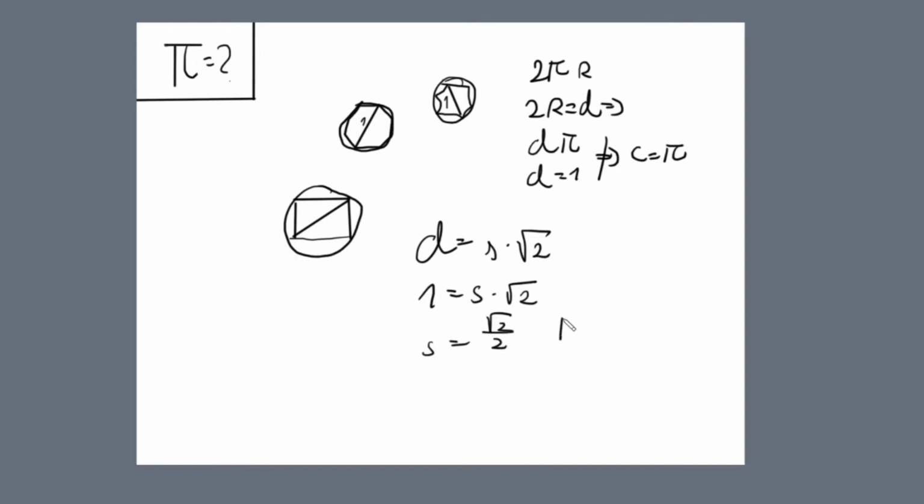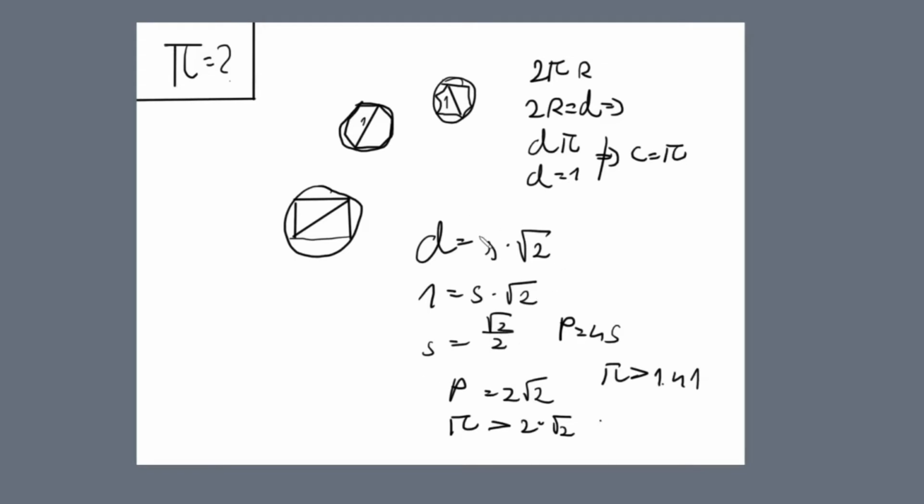To find its perimeter, multiply by 4, so the perimeter is 2 square root 2, which means that pi is bigger than 2 multiplied by the square root of 2. And if I start my calculator right now, and hopefully I know how to use it this time, 2 multiplied by the square root of 2 gives us 1.41. So pi is bigger than 1.41.